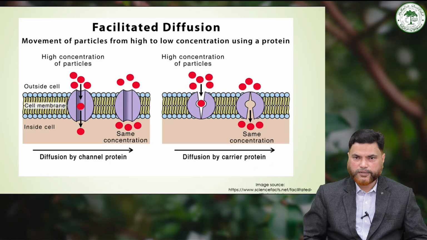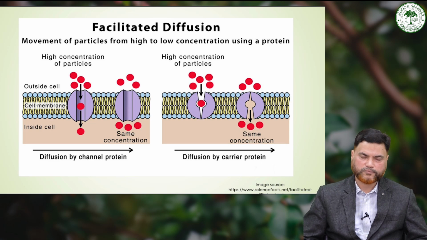Now, after simple diffusion, we come to facilitated diffusion. We have just seen that carbon dioxide and oxygen can permeate through the plasma membrane directly, whereas others require assistance to traverse the plasma membrane.